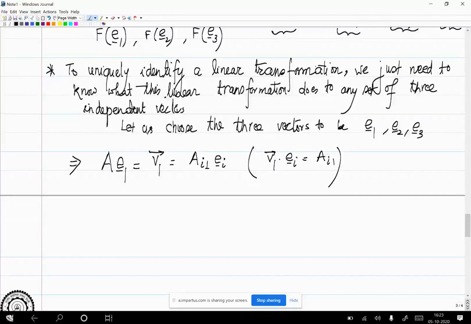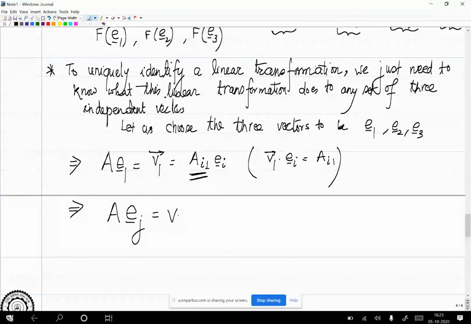Is that okay? You might think why I'm using it as A11. Why didn't I say it is some alpha 1, alpha 2, alpha 3? You will see very soon why I use this particular notation, AI1. Okay? So, going by that logic, if I say A into EJ for J going from 1 to 3, which is giving you VJ.